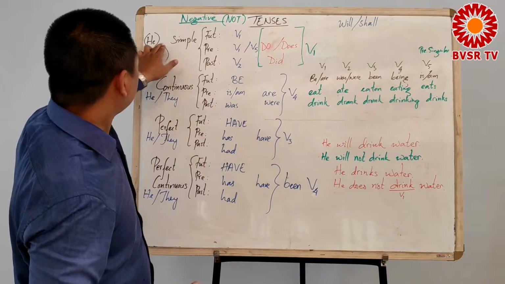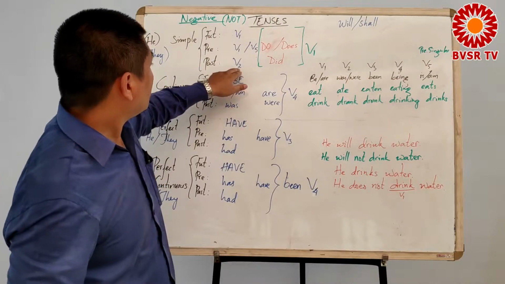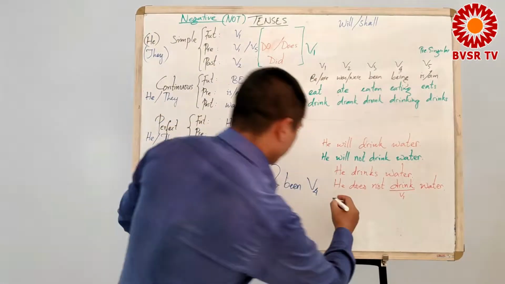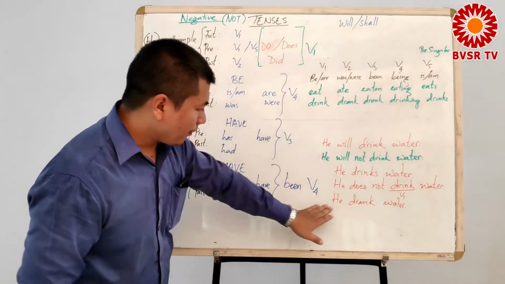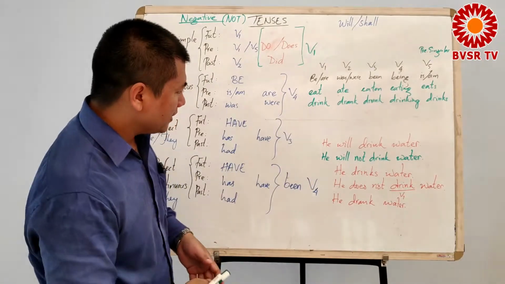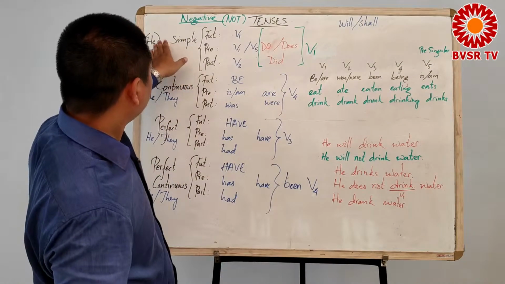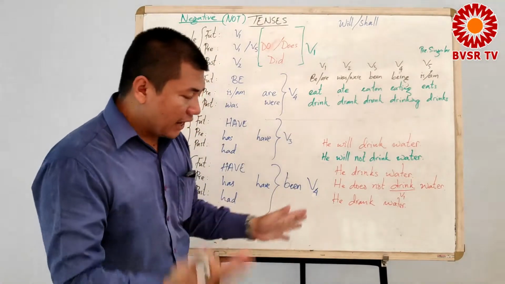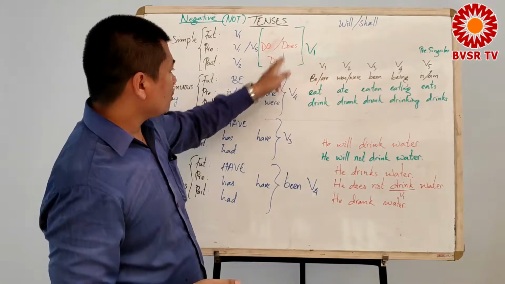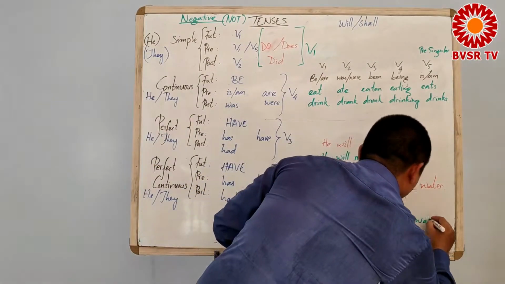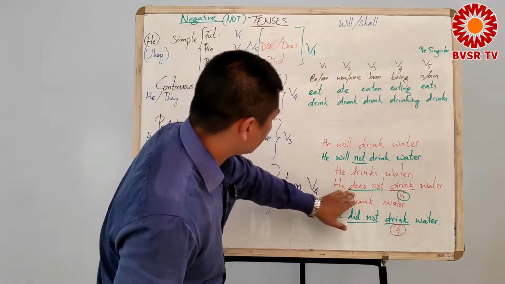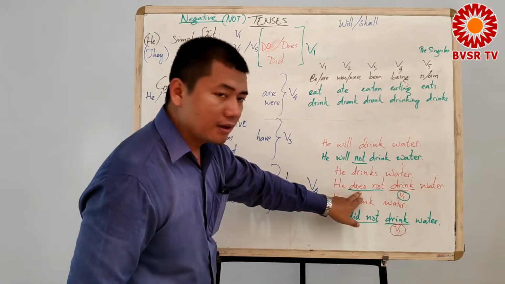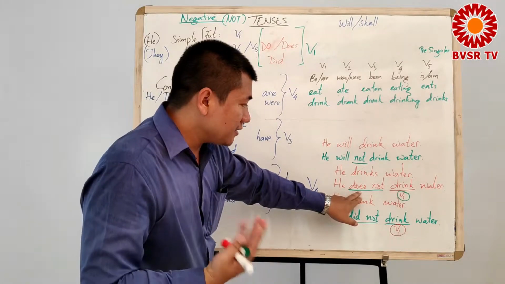And in the past, he drank water. This is the positive sentence. Now, in order to make negative, we have to say he did not. We cannot say drank anymore. We have to use he did not drink. The do family helping verb has already explained that it is singular.